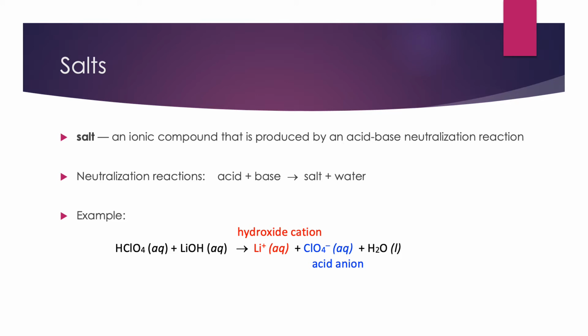So the base tells us what the cation should be, the acid tells us what the anion should be. So anytime we're given a salt, we can reconstruct the acid and the base that had to be together in the neutralization reaction by simply recognizing that fact. We would combine the cation of that salt with hydroxide, and we would combine the anion with H+.